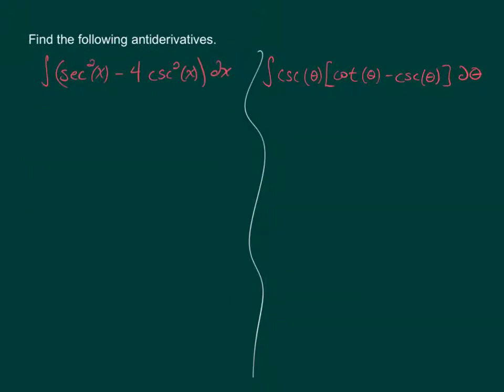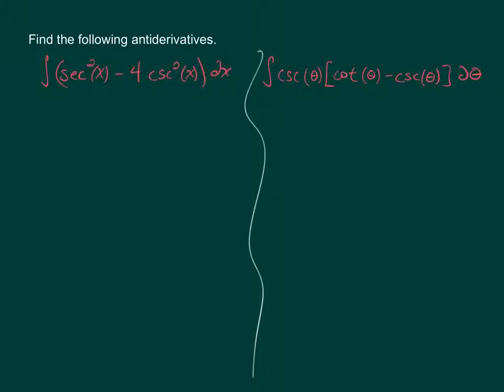Find the following antiderivatives. In this left example, we'll be finding the antiderivative of secant squared x minus 4 cosecant squared x dx. And in order to figure out these antiderivatives, it's almost like a memorization.